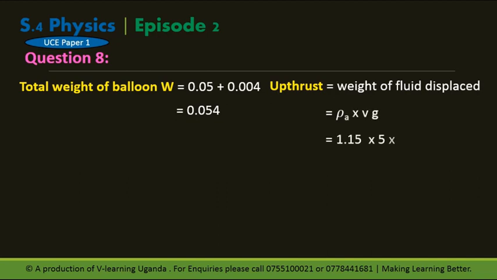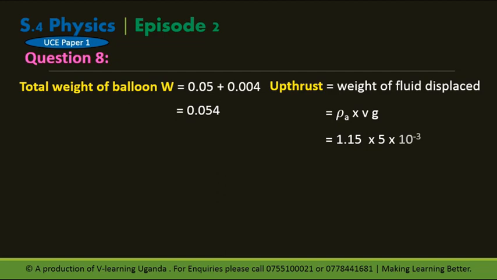When we substitute, we have the density, which is 1.15, times the volume, which is equivalent to the volume of the balloon, because we know that very well from the law of flotation. So the volume will be the same in that case: 5 times 10 power negative 3 as the volume of the displaced air in which the balloon is floating.